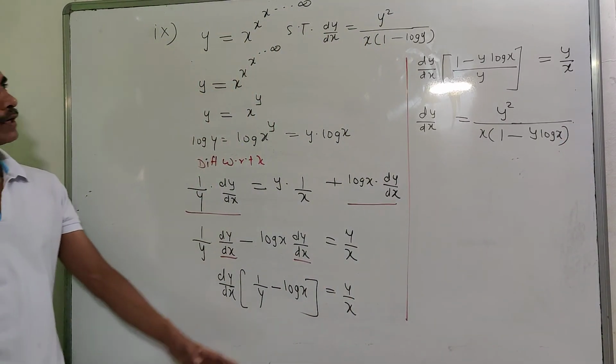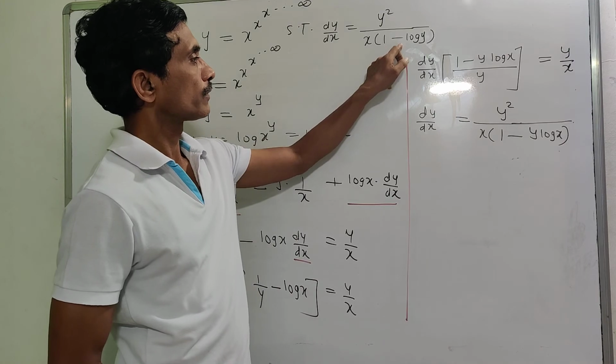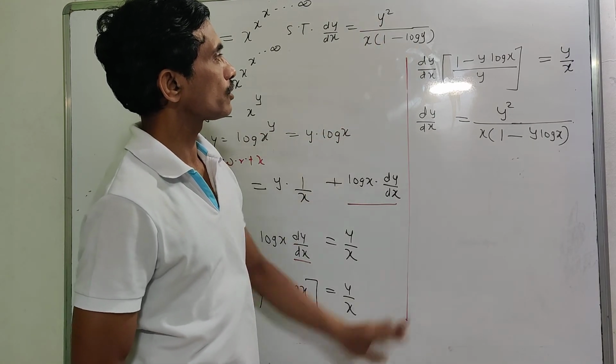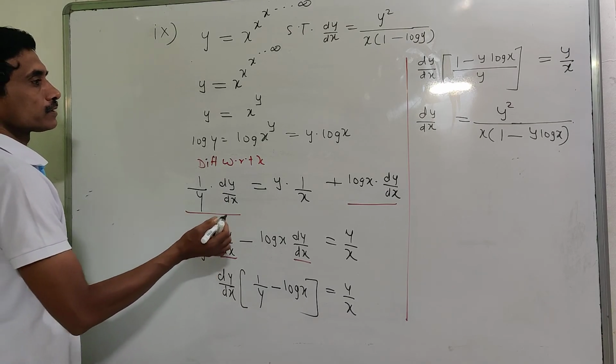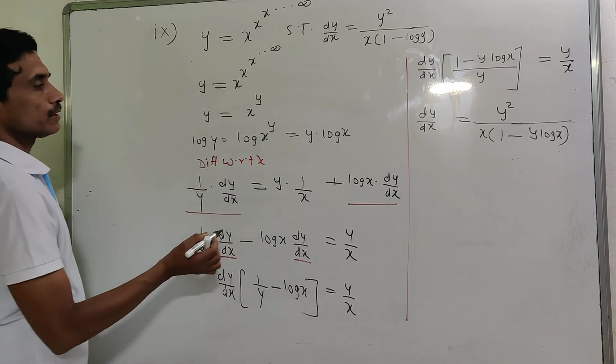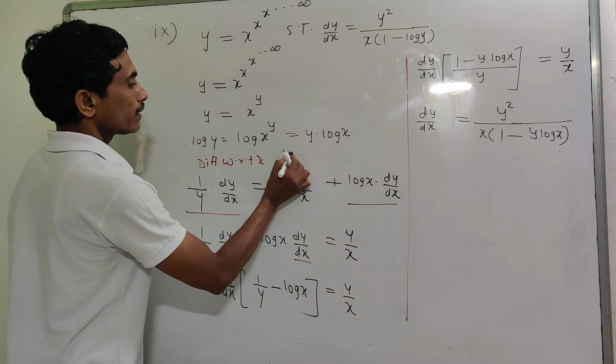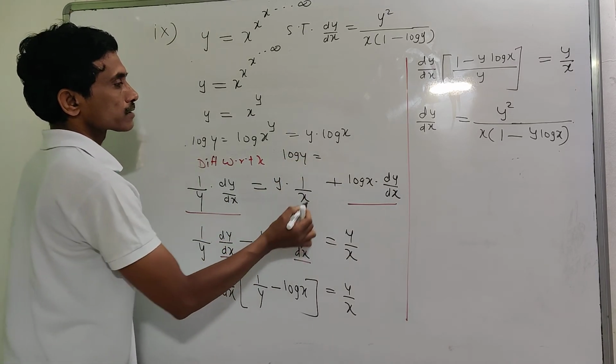But this is not what is required to show. Here what to show? y square upon x into 1 minus log y. So look at this expression. We have here log y is equal to y log x.